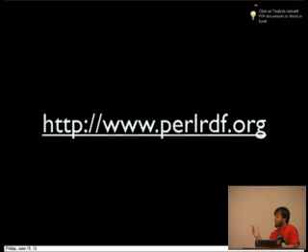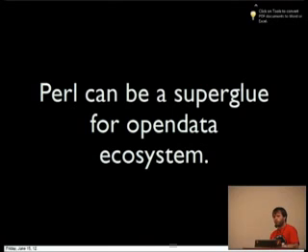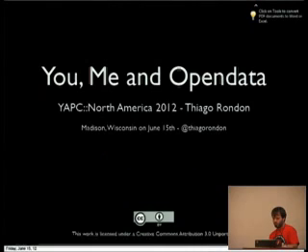We have a big project on Perl about RDF. We have a lot of tools to work with semantic things, and I think now in Perl we have tools for when we don't have much open data, and a lot of tools for when we have open data.